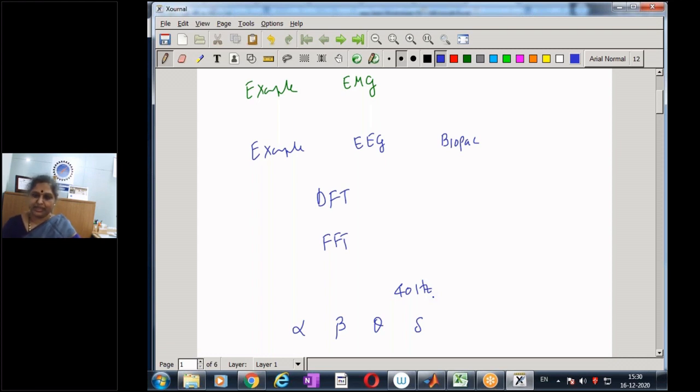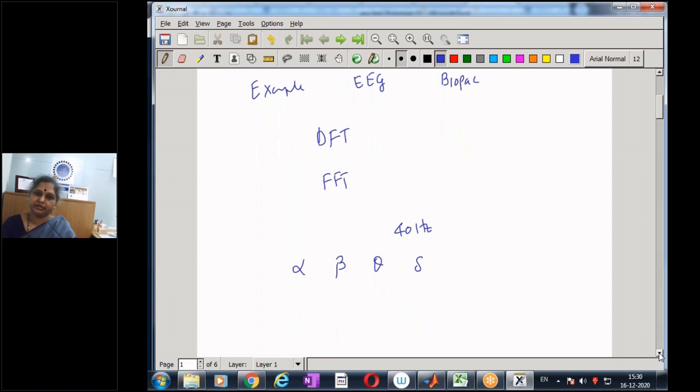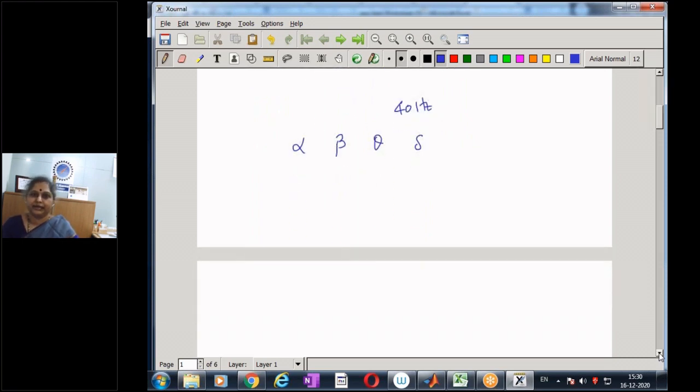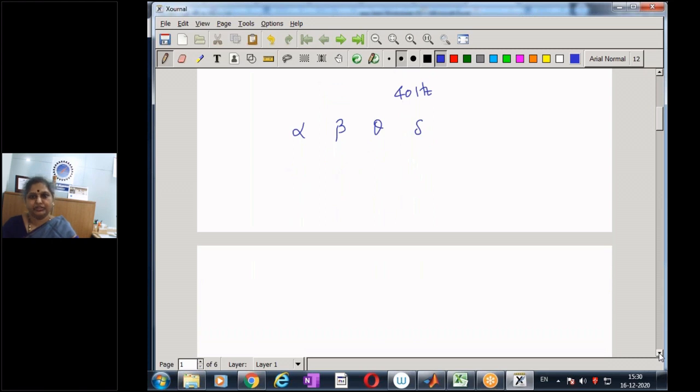And of course, I'm not an expert to interpret this, but experts will be able to look at the spectrum and comment on the status of the brain, and hence the performance and behavior of the person.